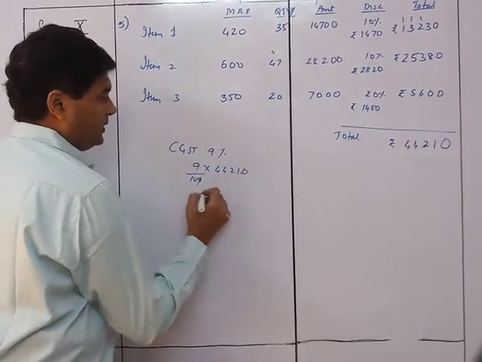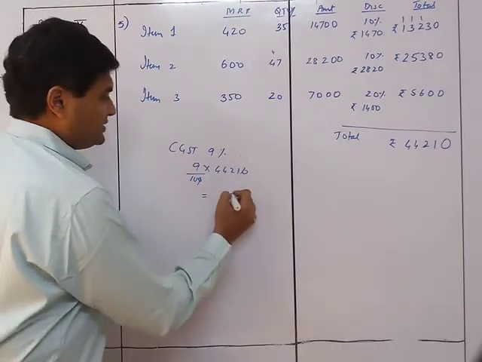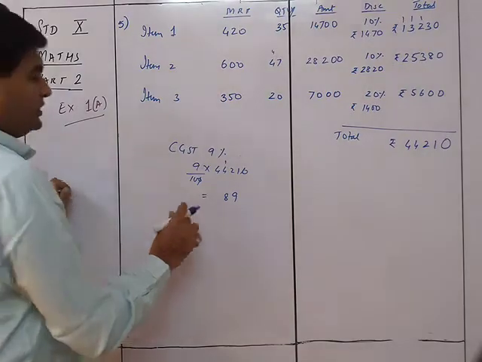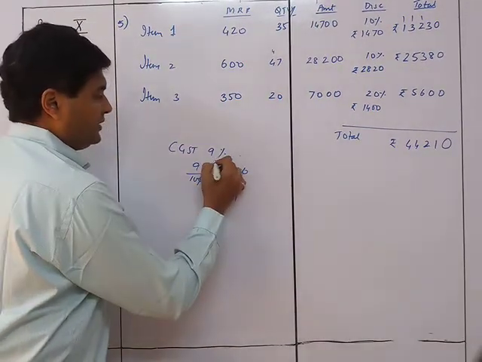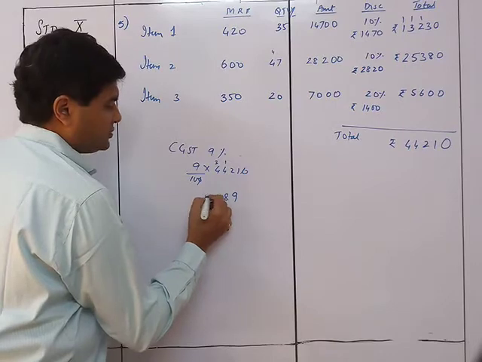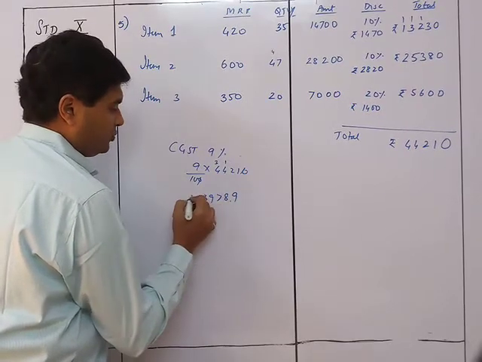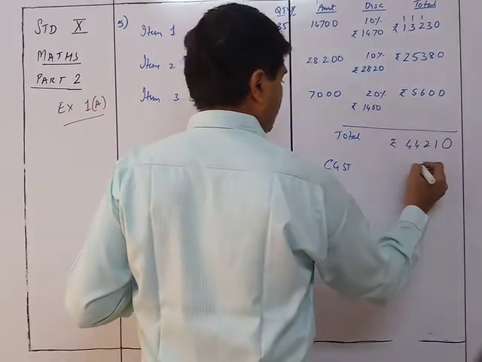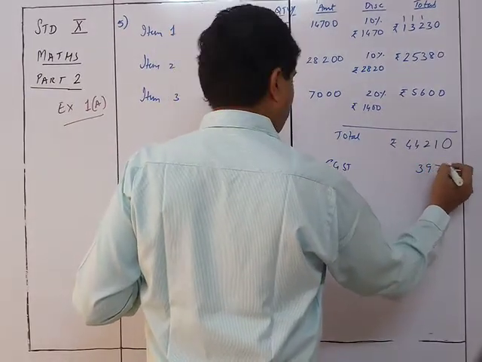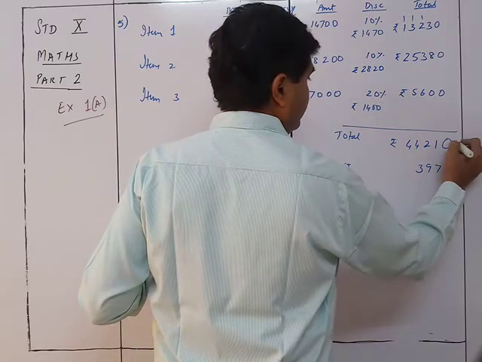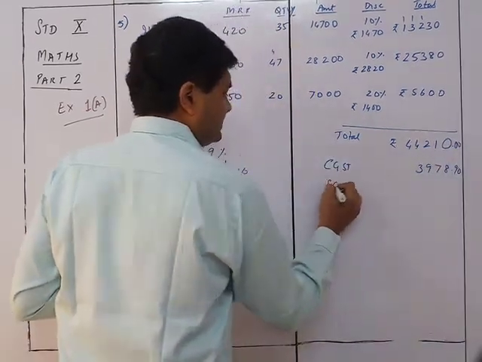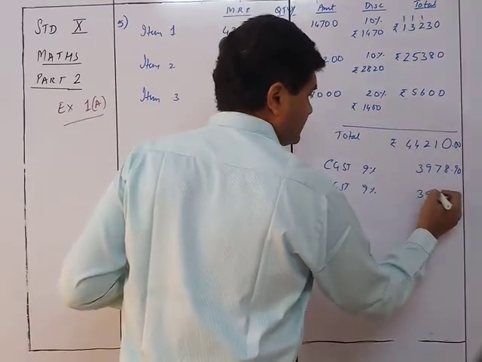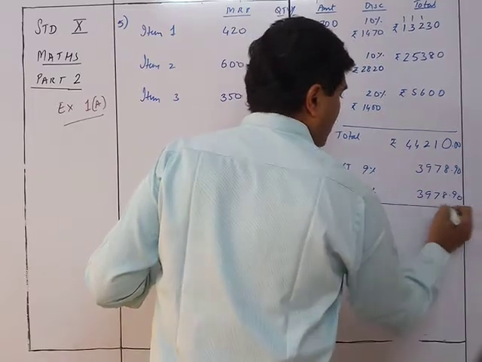So that is going to be CGST as 3978.90, and SGST is going to be 9% again, 3978.90, according to the total amount.